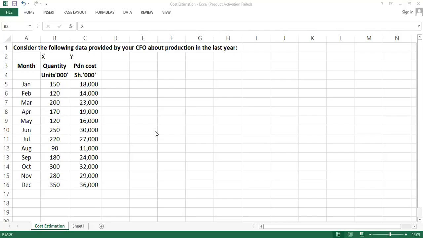Yeah, so the illustration reads that, consider the following data provided by your CFO about production in the last year. In this data, we have the month all the way from January to December. We then have quantity in units. In statistics, the quantity is normally X. And then we have production cost, which is normally the Y.